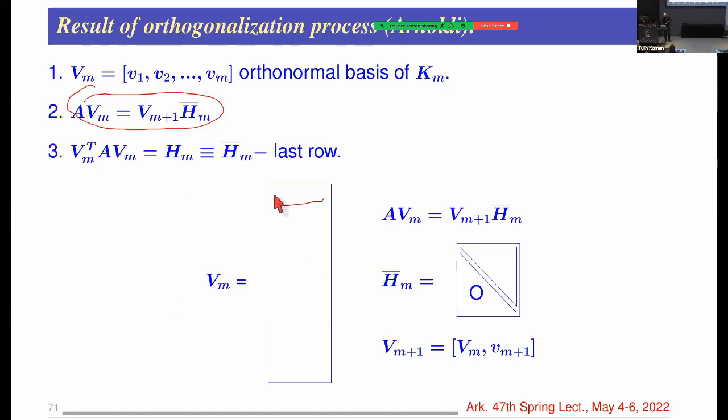It turns out that this relation can be expressed in a very nice, simple form. You have AVm equals Vm+1 times this matrix, which is m+1 by m. You see it's Hessenberg, but it has m+1 rows. This is something you can exploit in the algorithms.